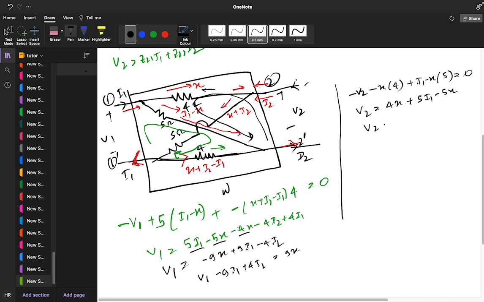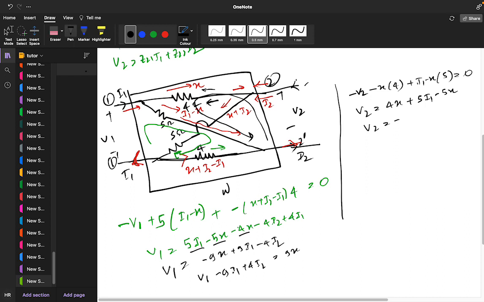So V2 is equal to how much? Minus 4x, sir? Minus 4x. See, this minus V2 is there, we are taking minus V2. We have to assume the direction, meaning we have chosen the KVL like this.